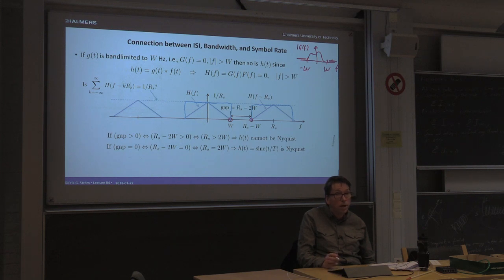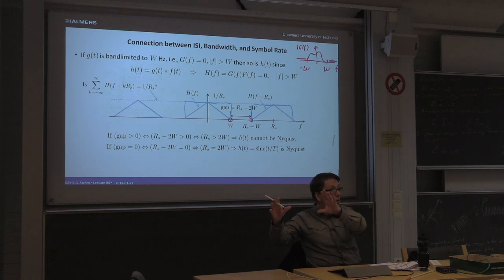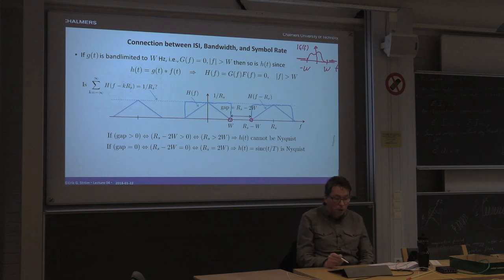If one should remember one nice Fourier transform, it's that if we have a box in the time domain, we get a sinc in the frequency domain. If we have a box in the frequency domain, we get a sinc in the time domain. So they are Fourier transform pairs. Intersymbol interference-free transmission is possible, but only if we design H to be a sinc. And remember that H has to do with the transmitted pulse G and the impulse response of the receiver filter. Maybe it's not super clear how to do that, but it actually turns out to be quite simple. So trust me on that.